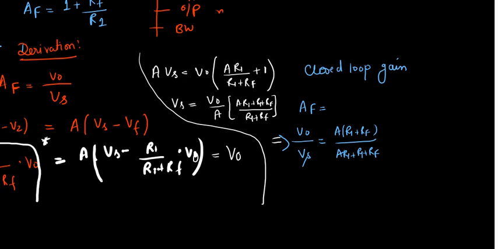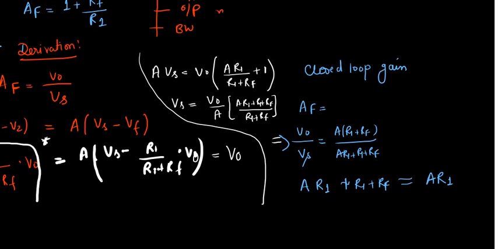This is not different, right? We have studied 1 plus RF by R1. Correct? What's the difference? From where are you getting this? If you recall, A is very large, right? A R1 plus R1 plus RF would be approximately equal to A R1. Correct?